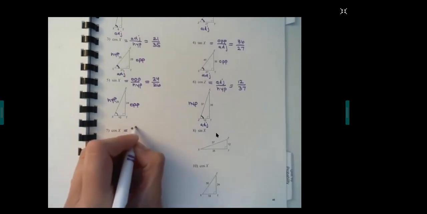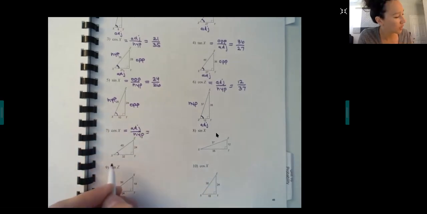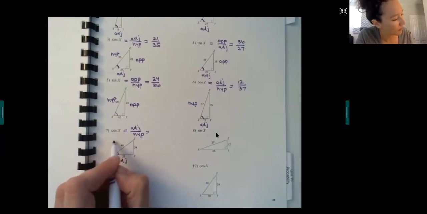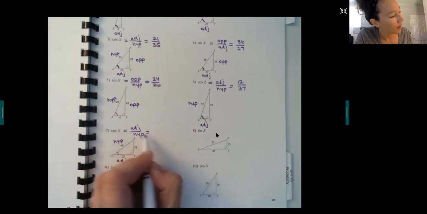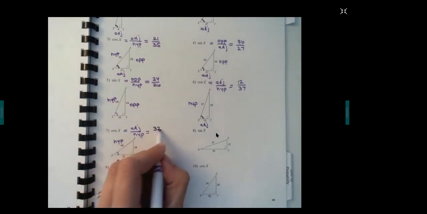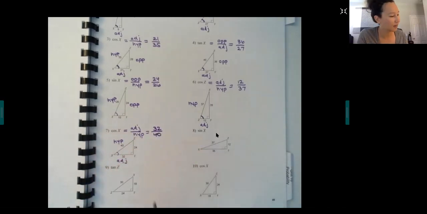It's adjacent over hypotenuse. Excellent. And which one was the adjacent? 32. Very good. And hypotenuse? 40. And so our answer is 32 over 40. Very good. And number 8.